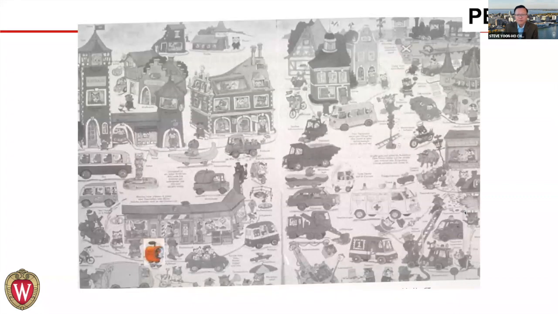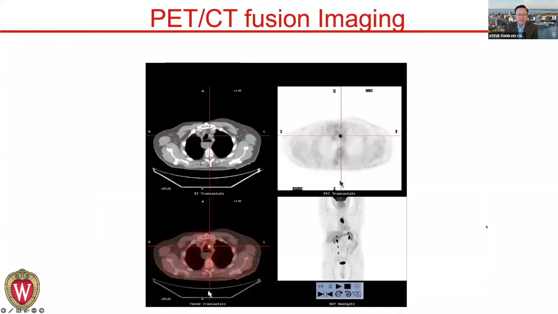So how do you combine both of these? You can combine both modalities. You can have the molecular or functional imaging combined with the anatomic imaging and have the benefit of both. So you can highlight the little worm that we want to see, but in the context of all the other stuff that's going on in this patient. That's what we do when we do PET CT imaging, with fusion imaging, multimodality imaging.